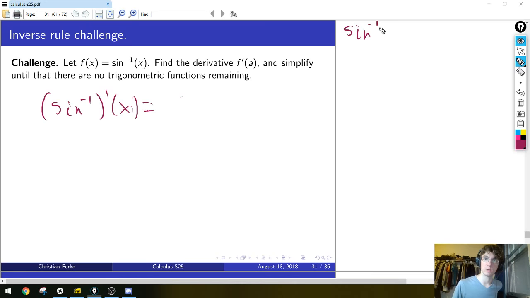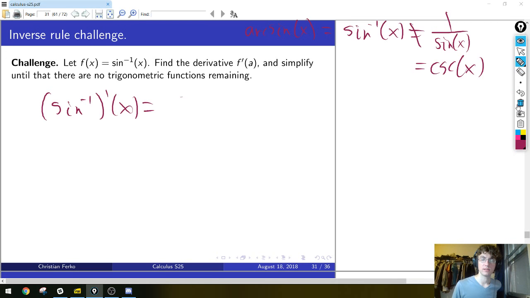So sine inverse of x is not 1 over sine x. We have a name for 1 over sine x. That thing is called cosecant of x, right? So these are different. So this is what we call arc sine, right? Right.